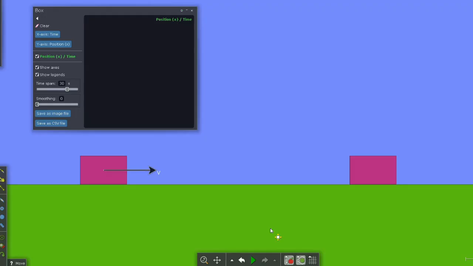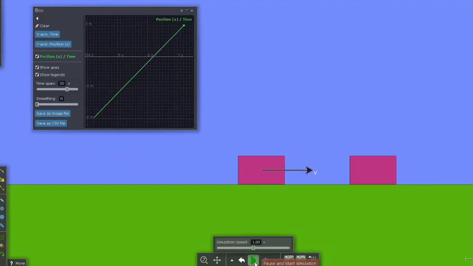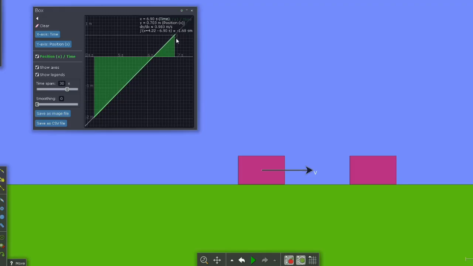Here in this simulation, I have two objects. One object has some initial velocity, and I set up a plotting tool to plot the position of this box as it moves across. This is a motion graph, and you have seen this in your earlier physics classes. The only difference between these motion graphs and the space-time diagram is how the axes are labeled.